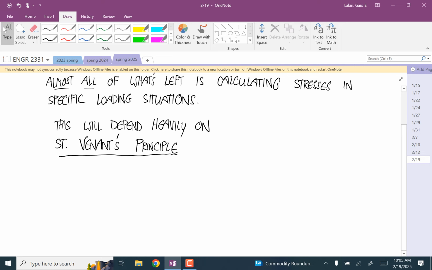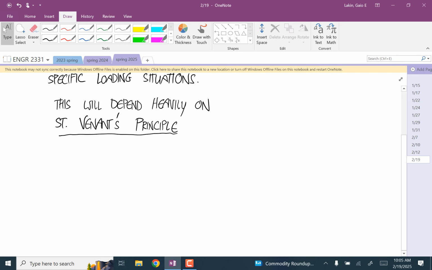So Saint Venant's principle, here's kind of the idea of it. Let's think of beams that are loaded two different ways. Two different ways, but similar. Let's say we have these two identical beams.